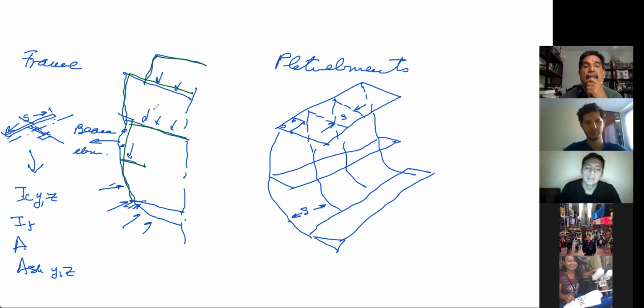Yeah, probably the spacing is the same. That's what I would do as a designer: make this frame continuous all along this structure. Probably the size will decrease because the load will be smaller in this area than in this area, but it's going to be continuous.